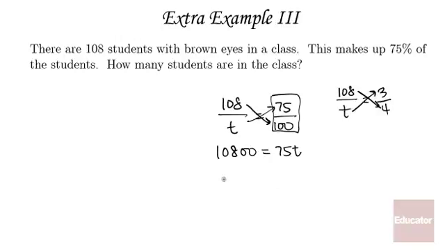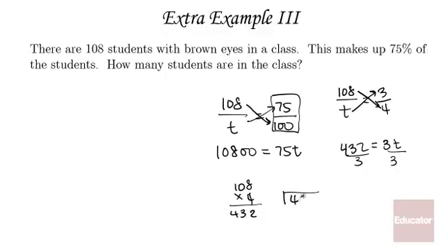So 108 times 4 is 432 equals 3 times t. And now I can divide both sides by 3. It will go in 1 time, giving me 13, which will go in 4 times, giving me 12, and will go in 4 times again.